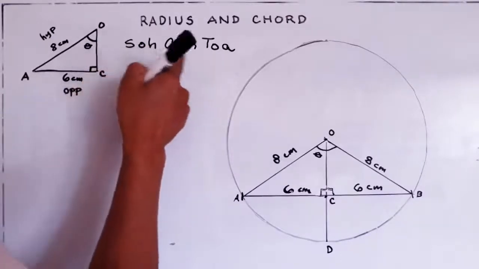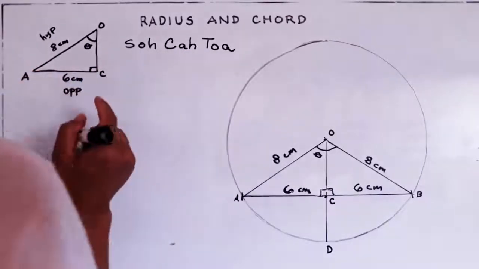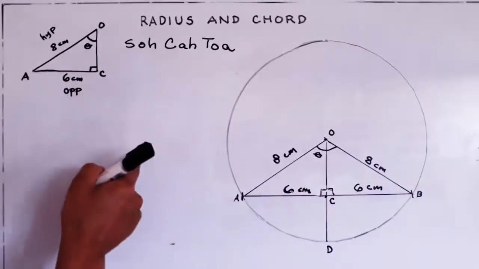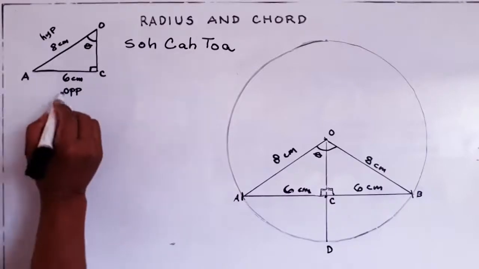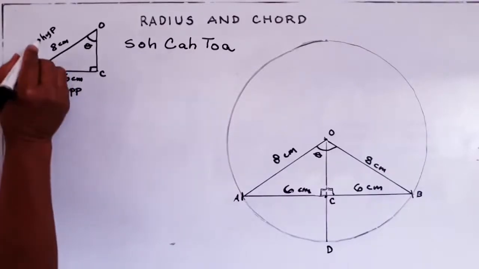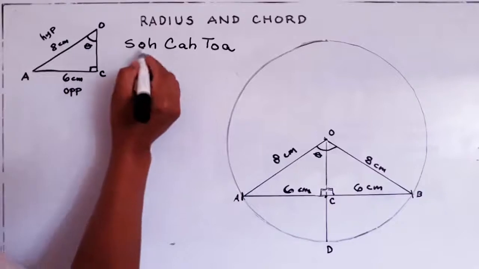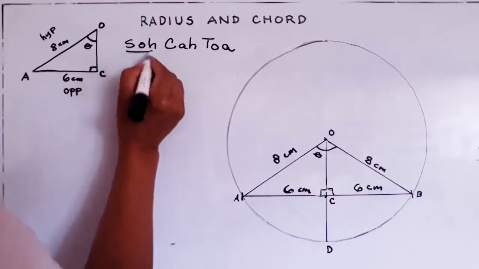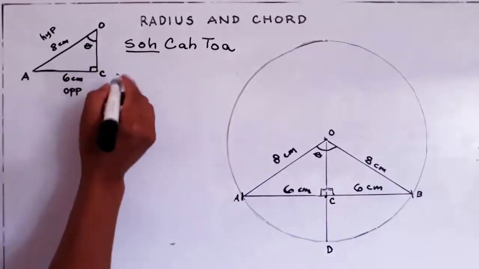You don't want the inverse because it's very hard to press that one in the calculator, unlike sine, cosine, tangent, which we can easily find in our calculator. Here we have the opposite and the hypotenuse, and the only function that has opposite and hypotenuse is the sine. So we are going to use the sine.